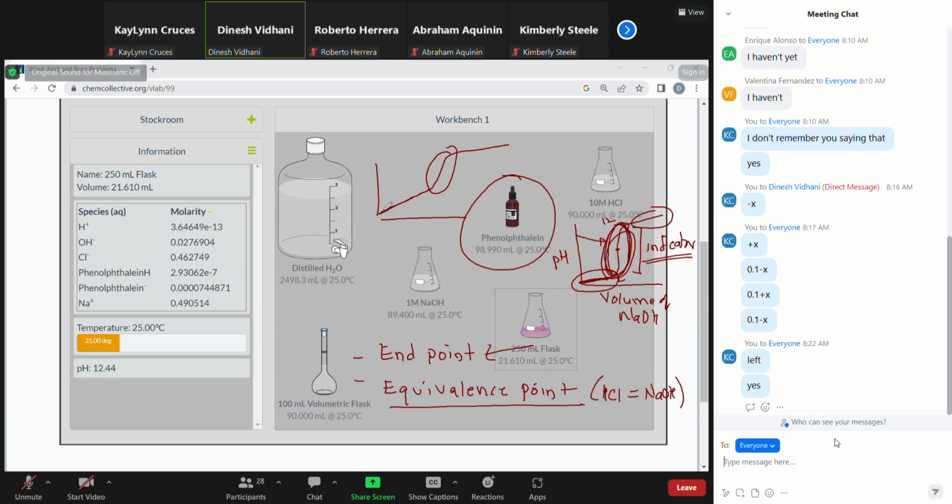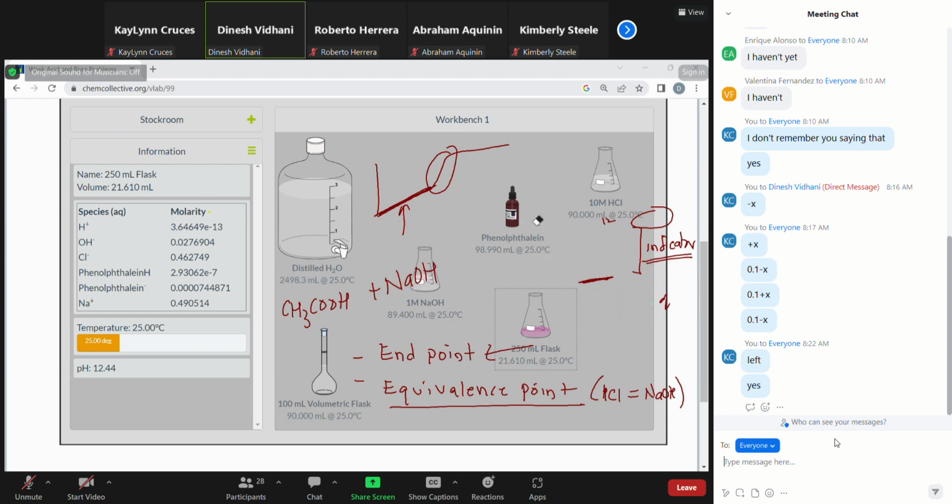Because when you keep on adding base, you know what happens? Suppose it is a weak acid like acetic acid; if it reacts with a base, what does it form? It forms sodium acetate and water.